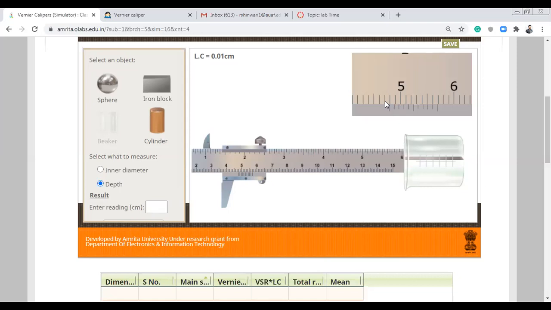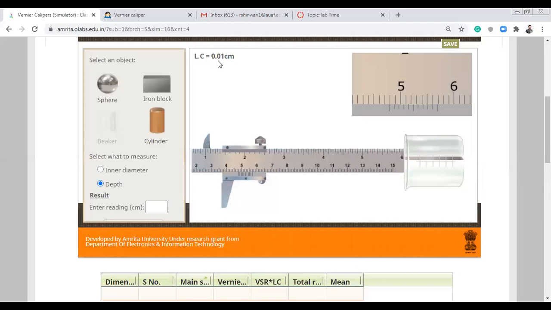Then you need to find which line is parallel to the main scale reading. So let's check. This is first one, second one, third, fourth, fifth, sixth, seventh, eighth, ninth, 10th. You can see the ninth one is more parallel. So write down 9 and multiply with the least count, where our least count is 0.01.